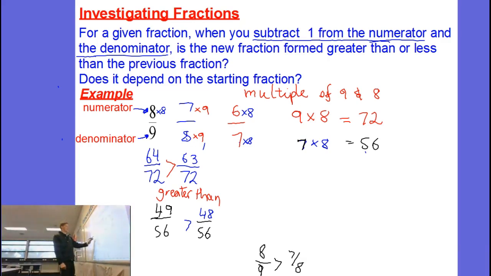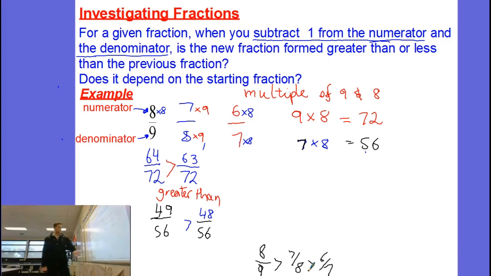Then the next new fraction we formed was by following our process, subtract one from the numerator and one from the denominator, we had 6/7. And we also could demonstrate that 49 out of 56 is greater than 48 out of 56. So our 7/8 is greater than 6/7.